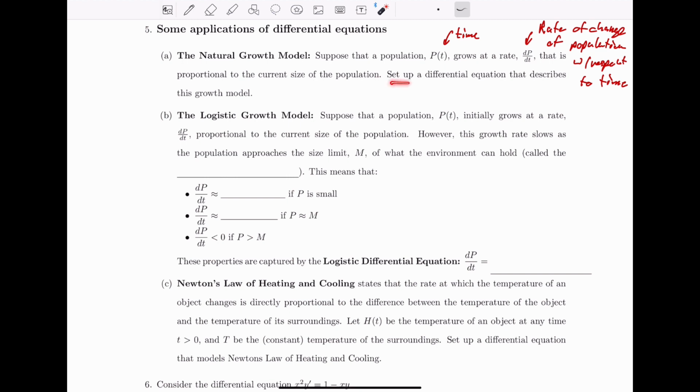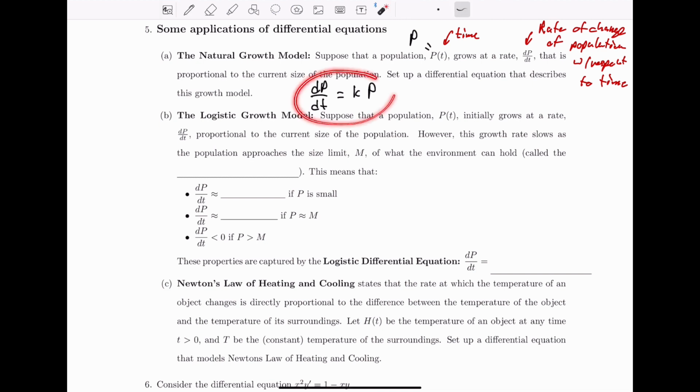Now, how can we set up a differential equation to describe that? Well, the answer is to take the derivative, dP/dt, that is the growth rate, and we're told that that's proportional to the current size of the population. The current size of the population is P, just whatever the population is. We could call this P of T, or we could just call this P. So if the growth rate is proportional to the current size, that means that the growth rate is some multiple of the current size.